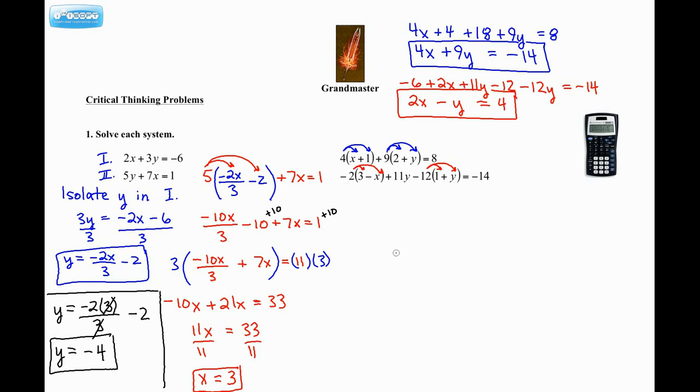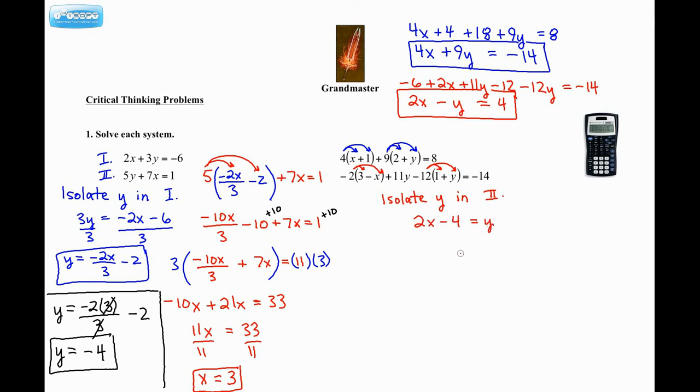That's my target. So I'm going to isolate y in, this was equation 2, but my modified equation 2, my simpler one. Okay, this one is quite simple to isolate y. I'm just going to add y to both sides and subtract 4 from both sides. So that's going to give me 2x minus 4 equals y.